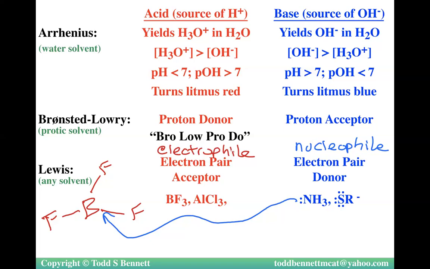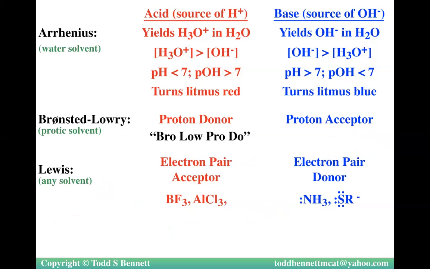So it's based on what it loves. If you're positive, you would love to get an electron, so electron pair acceptor. If you're nucleus loving, that's positive, you must have electrons to share with that nucleus. So you must be negative to share with the positive. But Lewis bases are also known as nucleophiles. Lewis acids are also known as electrophiles. Okay, those are terminology review.